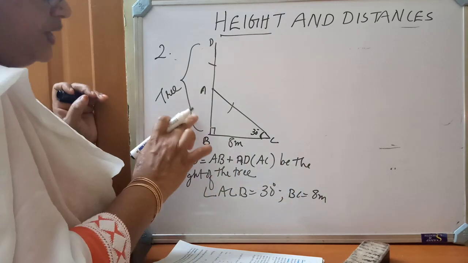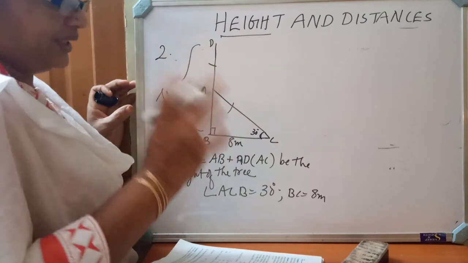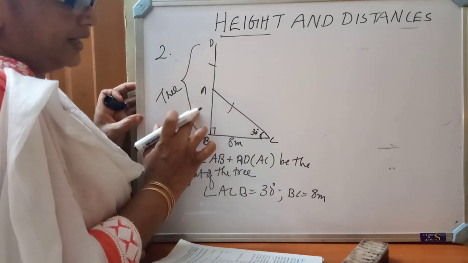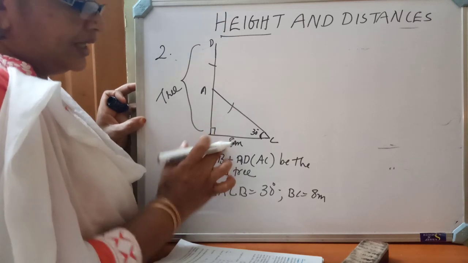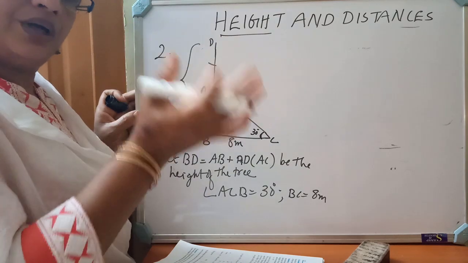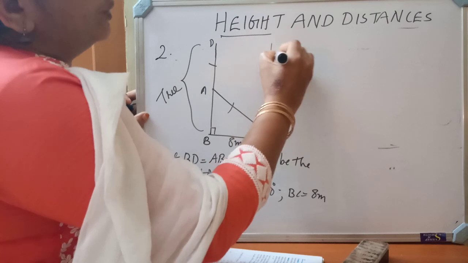So first we must find out the value of AB. For finding the value of AB, you see that this is the theta value. This theta value's opposite side and this is the adjacent side. So which trigonometric ratio is the relation between opposite and adjacent? Tan theta, isn't it? So which trigonometric ratio do we have to apply?